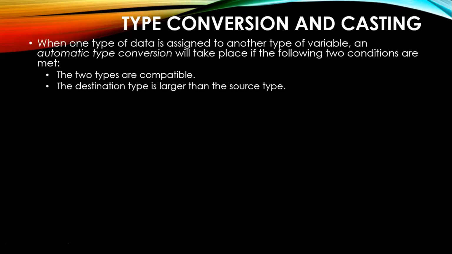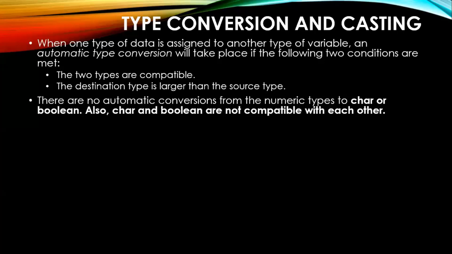Second, for implicit type conversion, the destination type must be larger than the source type. That means the destination type should be large enough to hold the content of the source type. There are no automatic conversions from numeric types to char or boolean.